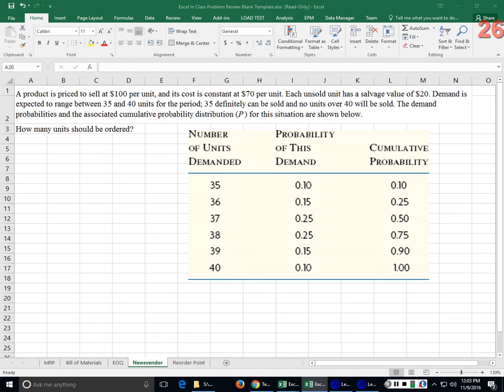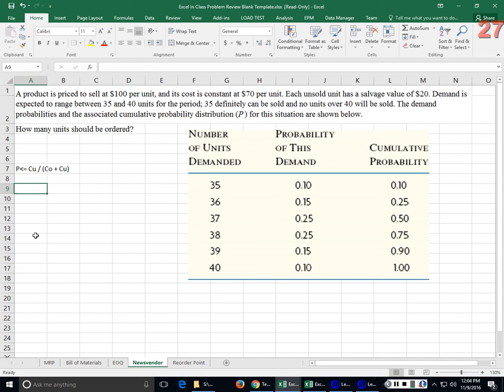The first thing we need to do is, remember when we worked on the newsvendor problem, we identified the targeted P-value, which is the probability of units not sold. If that's the case, and I go to that formula, it says that P is less than or equal to C sub U, our cost of underselling, divided by the sum of the cost of overstocking plus the cost of underselling.